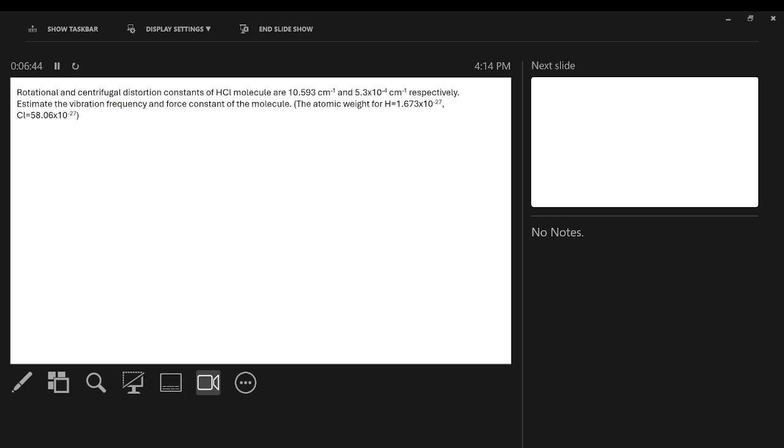The second question is a similar question. See, we have the rotational constant, that is B, given as 10.593 centimeter inverse, and D is 5.3 times 10 to the power minus 4 centimeter inverse.